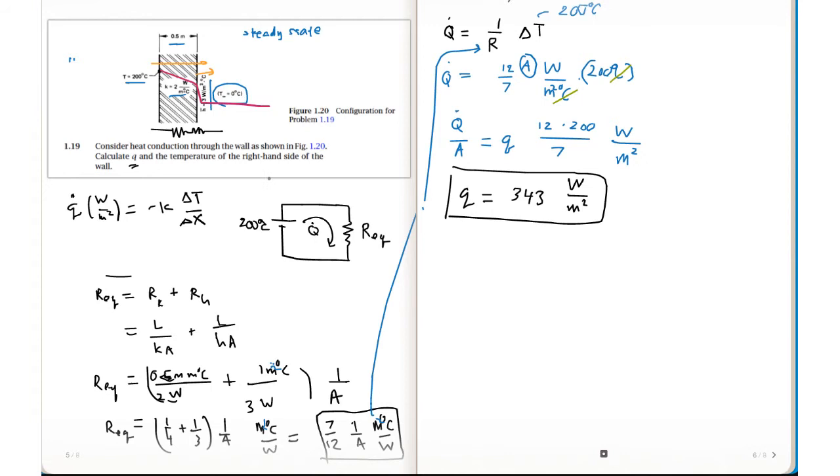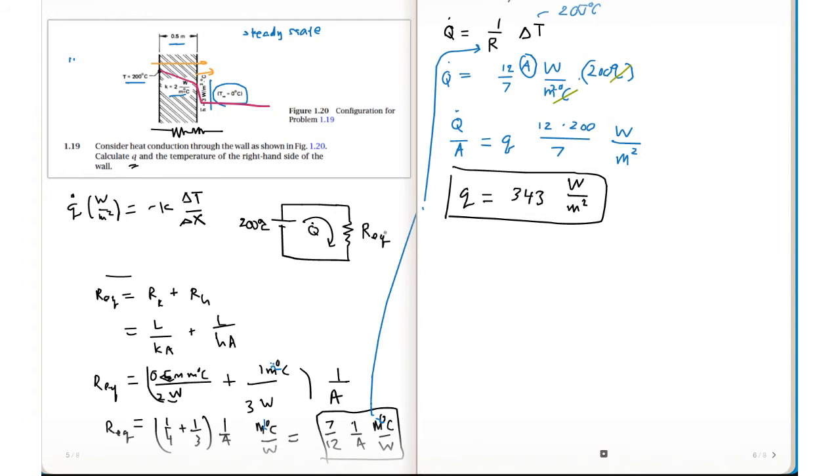Okay, now what is the temperature? So we now have q, and we're looking for this temperature here. Again, the q that is transferred through here is the same that is transferred through here.